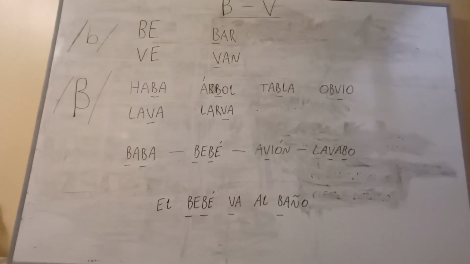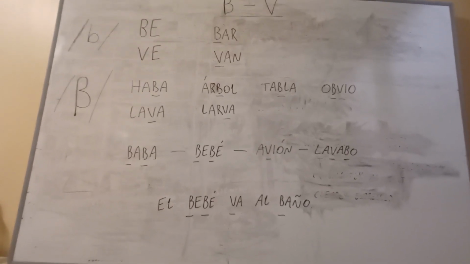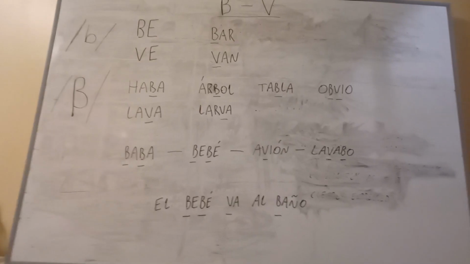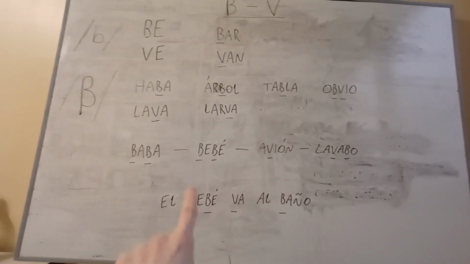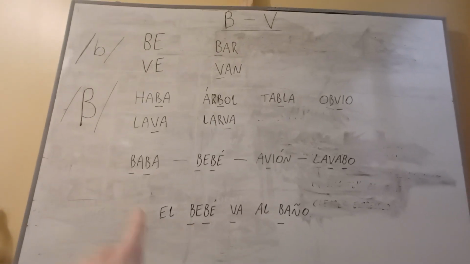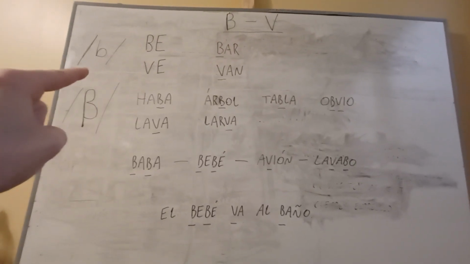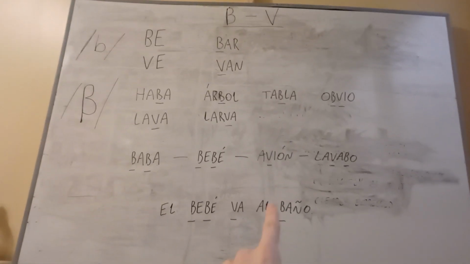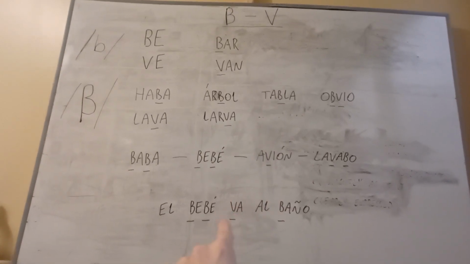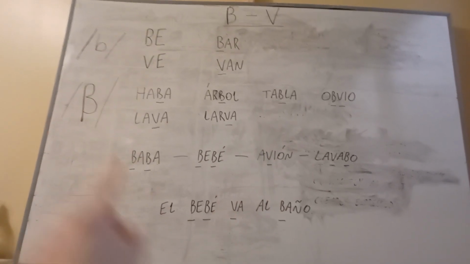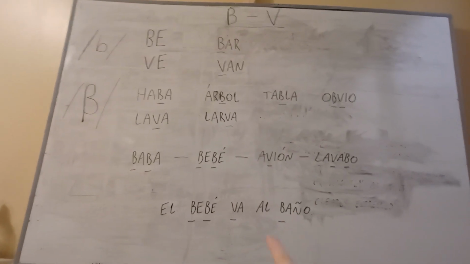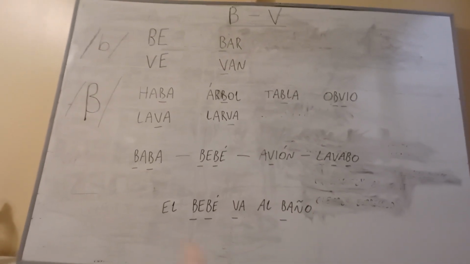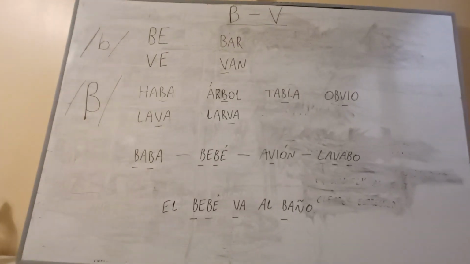What happens here is that we have one B at the beginning of a word, so it should be bilabial. We also have this B at the beginning of a word, it should be bilabial, and another B at the beginning of the word, and it should be bilabial.